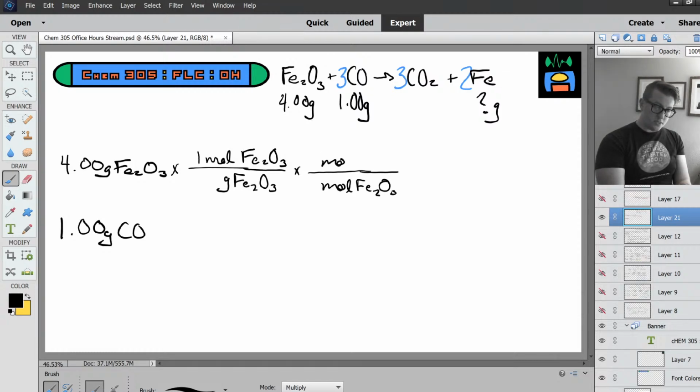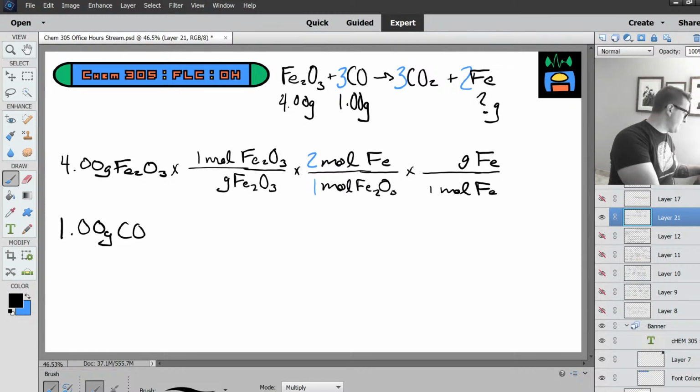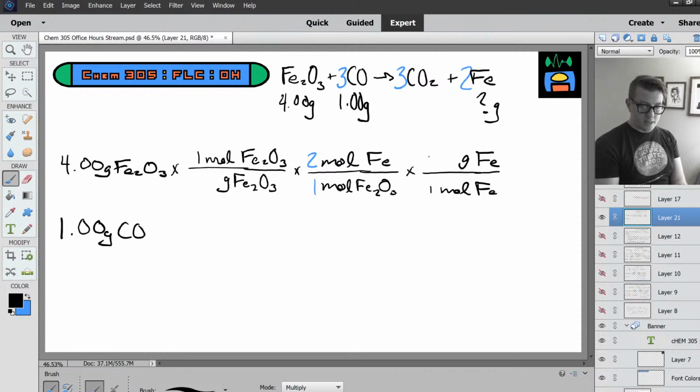And then we put moles of just straight up iron in the numerator. The ratio here is 1 mole of iron 3 oxide produces 2 moles of iron. Then we convert from moles of iron to grams of iron. And the nice thing here is we simply use the atomic mass for iron, which is 55.85.